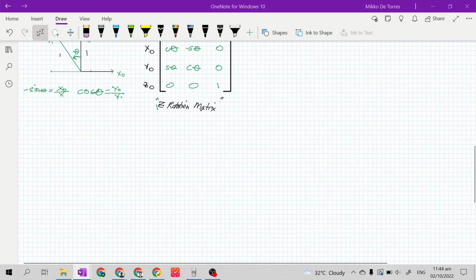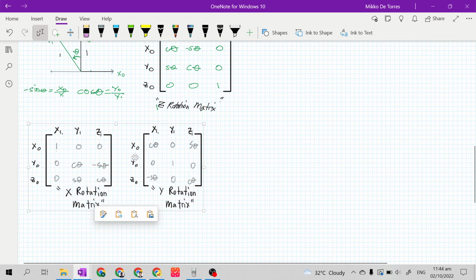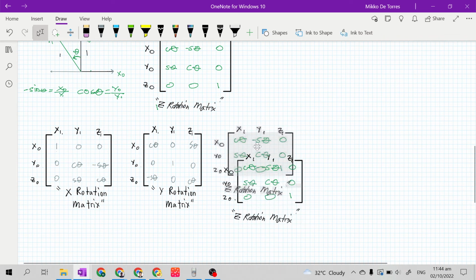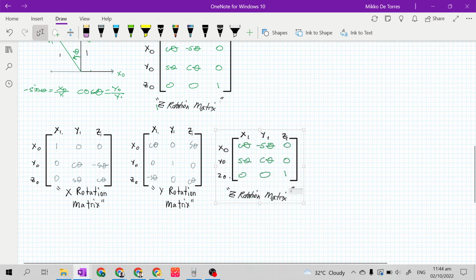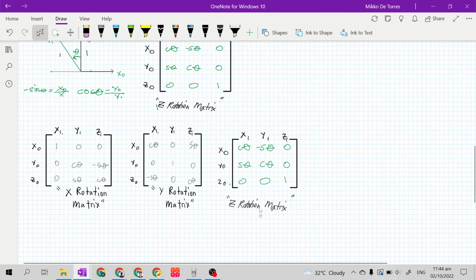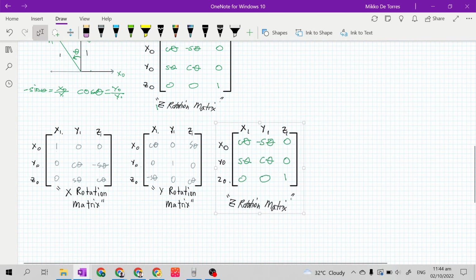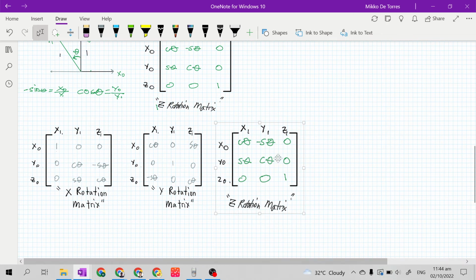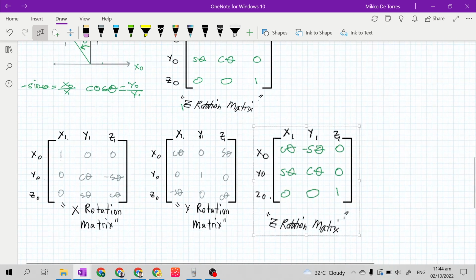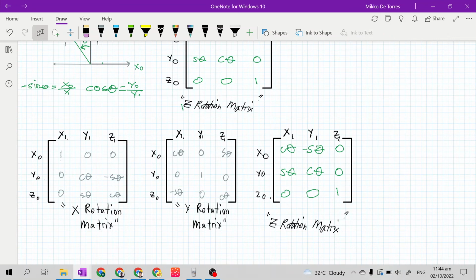Okay. To have the x and y rotation matrices, we must repeat what we have done on the z rotation matrix. But for now, I will give the standard notation or the standard formula of the X rotation matrix, Y rotation matrix, and the Z rotation matrix that will be used for the computation of the rotation matrices of our mechanical manipulators.